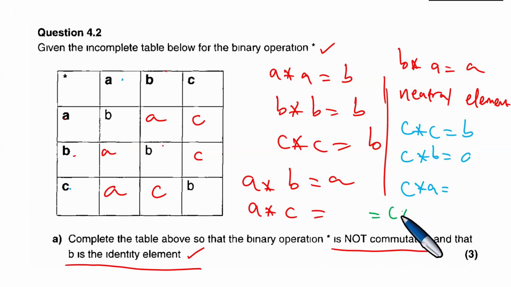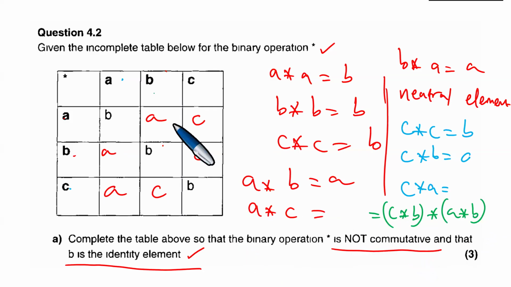It is C star B. Now you have A. What is A? You can see it as, for instance, A star B, because A star B is A. You can play around with the elements like this.